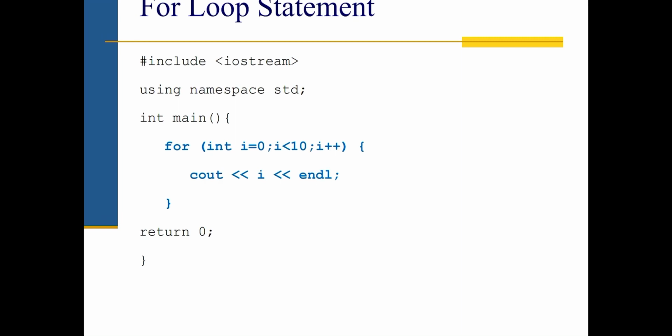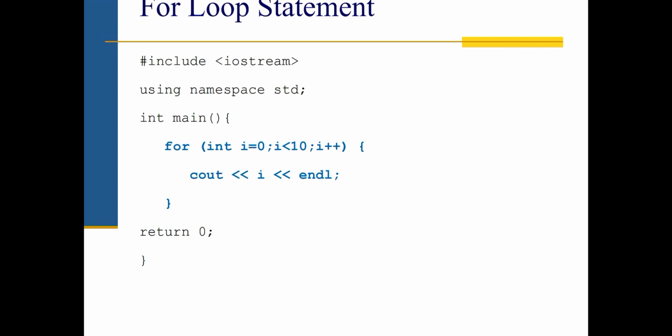Then you terminate. i plus plus. That means it should print out 10 values of i. Let's say when i is 5, the next number should be plus 1, which would be 6, and the next number plus 1, which will be 7. So this is the condition.